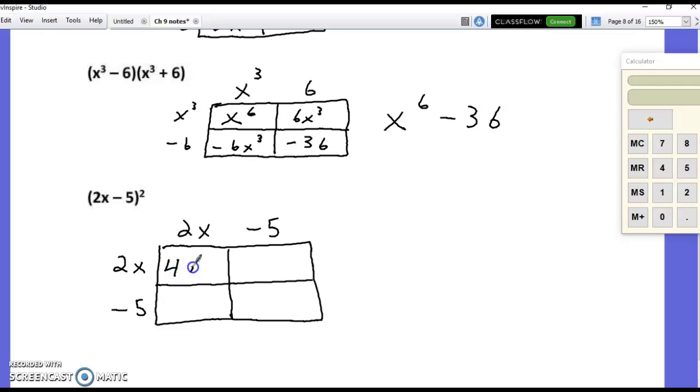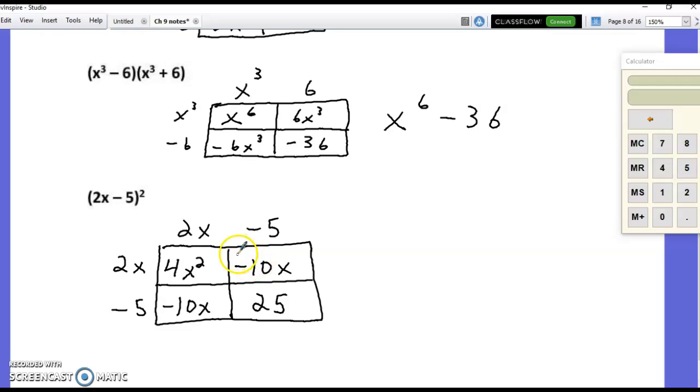So it'd be 4x squared. 2 times negative 5 would be a negative 10x. 2x times negative 5, negative 10x. And then negative 5 times negative 5 to get this square down here would be a positive 25.